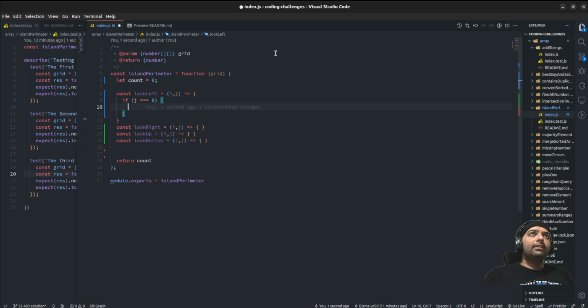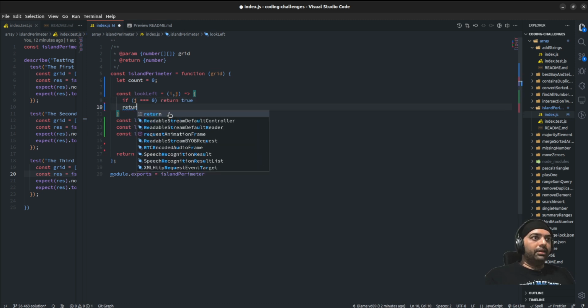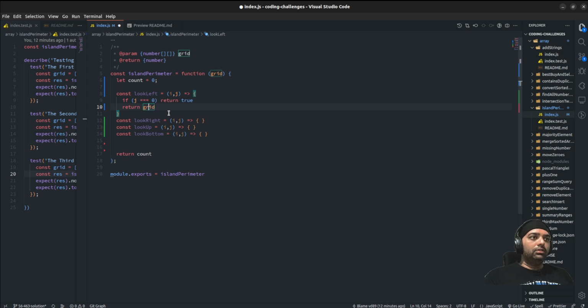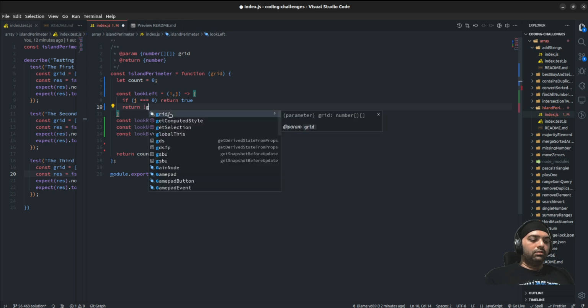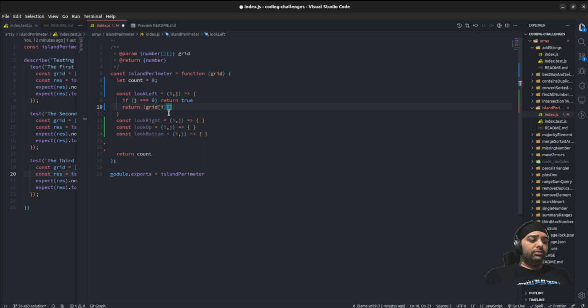Yeah, and we can do something like here as well, return true, else it would return grid of i and grid of j minus 1.